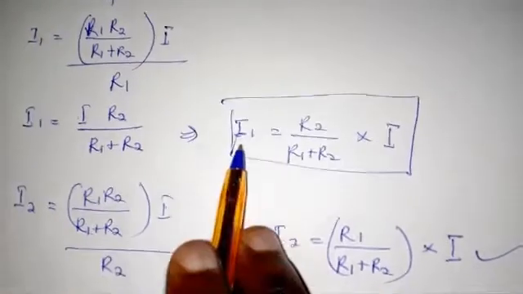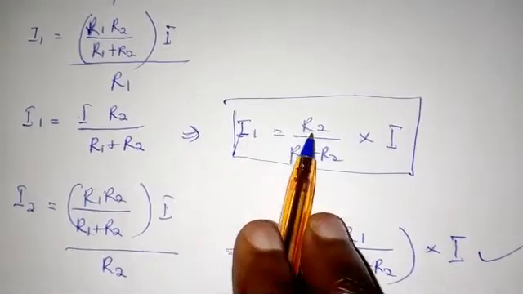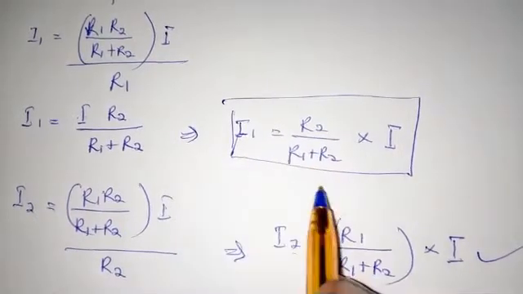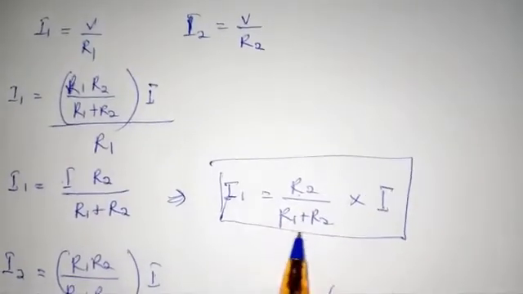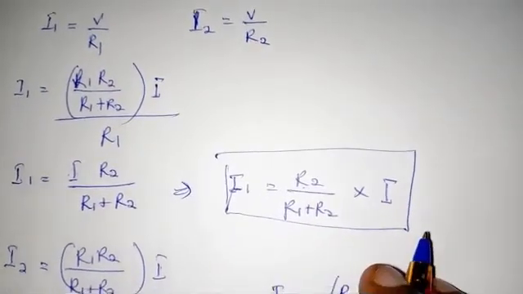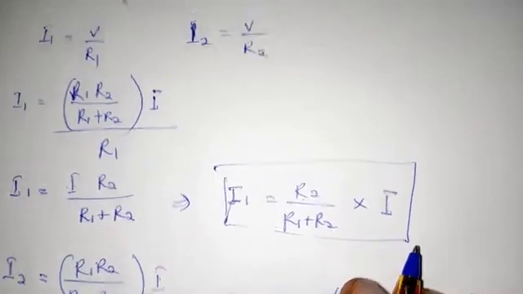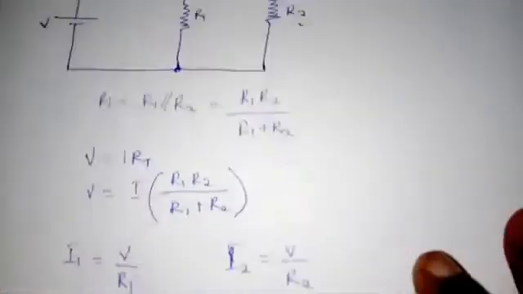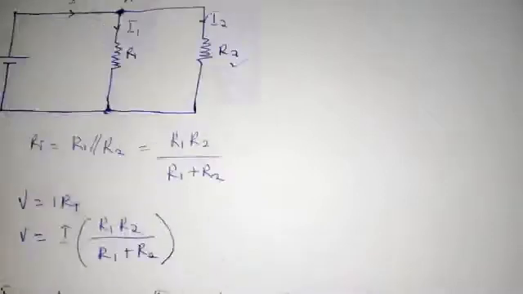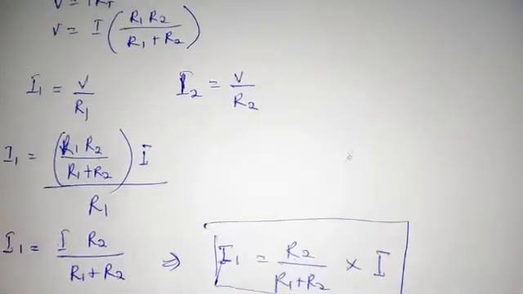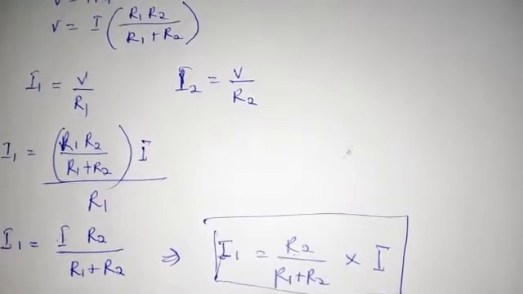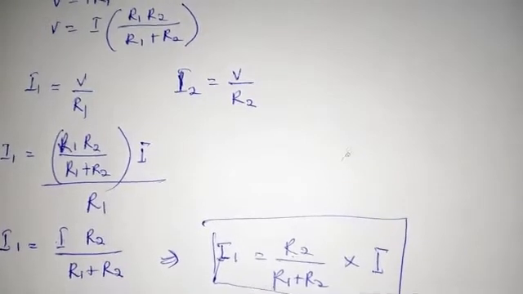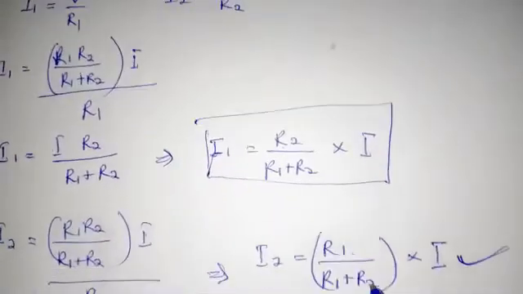So I1 is equal to R2, the other resistance in parallel with R1, divided by the sum of the two resistors, multiplied by the total current I. Similarly, the current through R2, that is I2, is found by multiplying the total current I by the other resistance, that is R1, and then dividing by the sum of the two resistors.